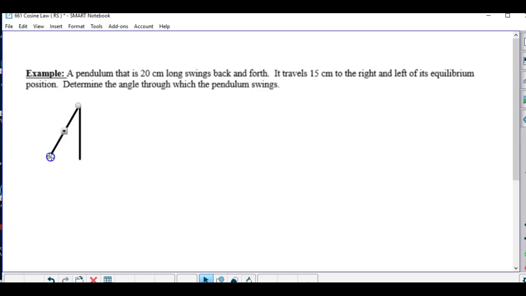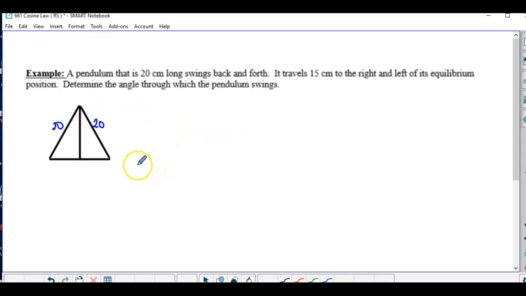So actually I'm going to extend it out to there so that it kind of forms a triangle, and then do another one to represent the other direction equally, and then join those up. That's pretty good. Okay, so the pendulum is 20 centimeters long. So this would be 20, this would be 20.